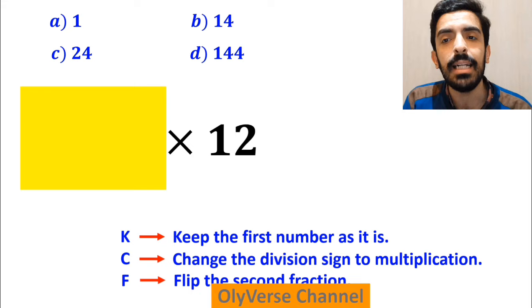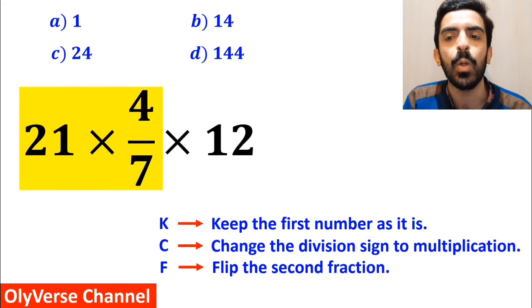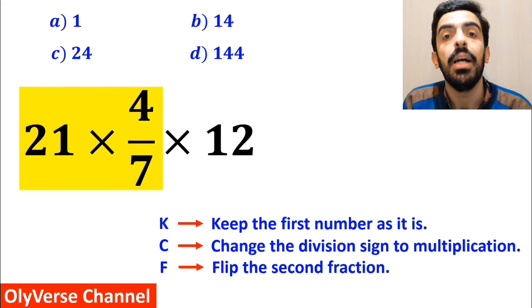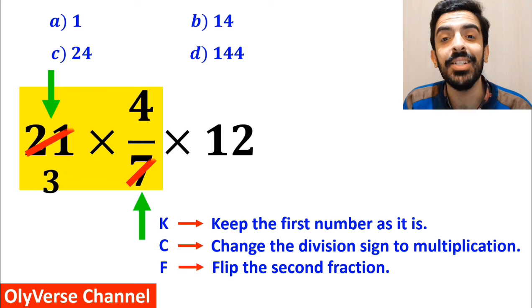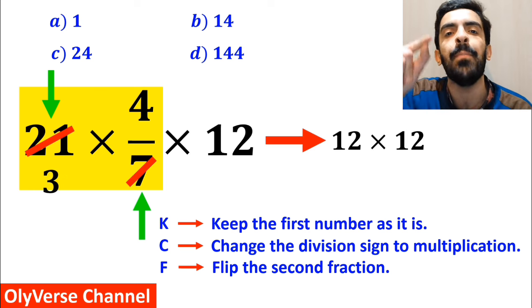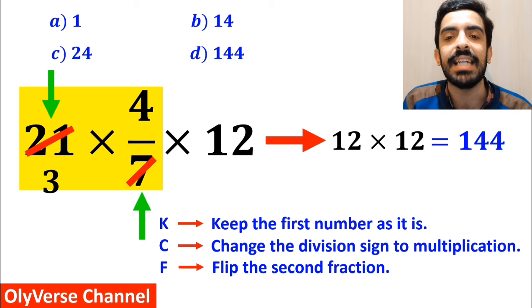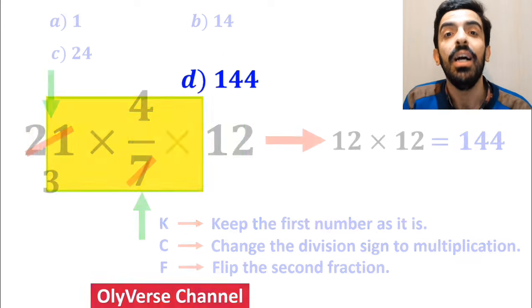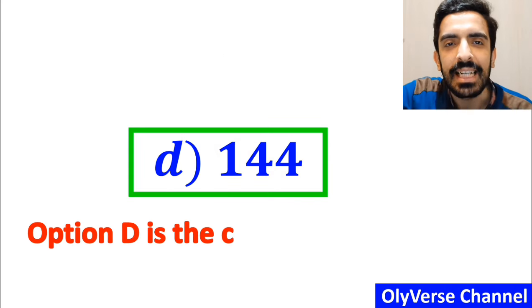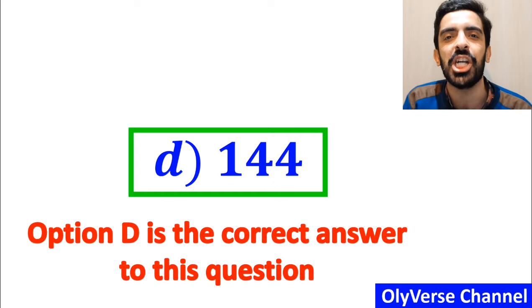So, we remove the highlighted part and replace it with 21 multiplied by 4 over 7. Now, the number 21 cancels out with the 7 in the denominator, and this expression simplifies to 12 multiplied by 12, which finally gives us the answer 144. Therefore, option D is the correct answer to this question.